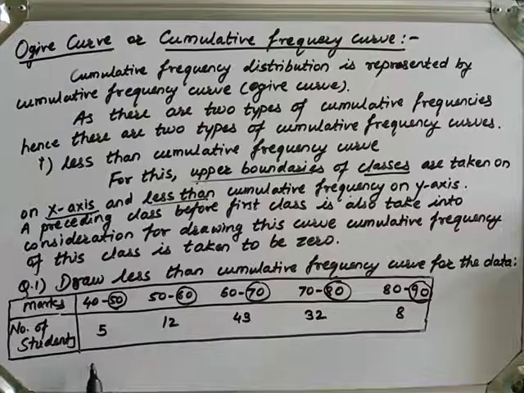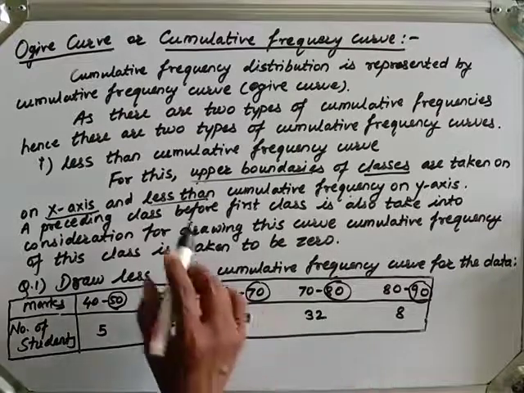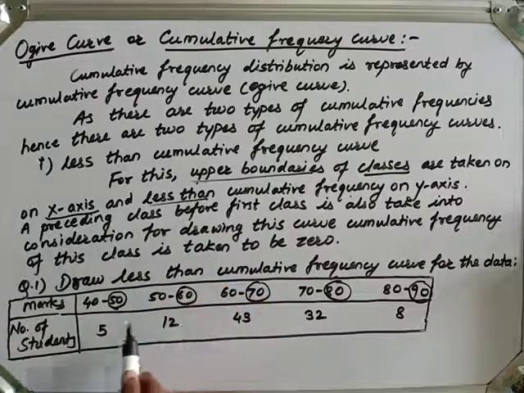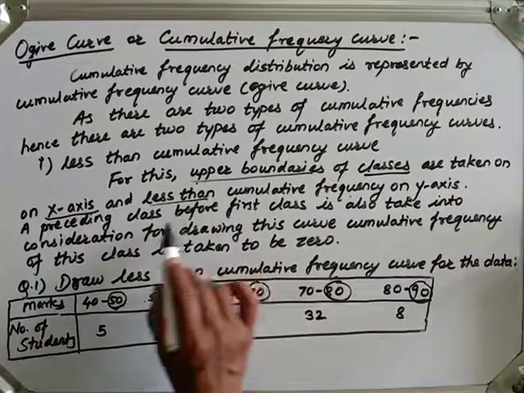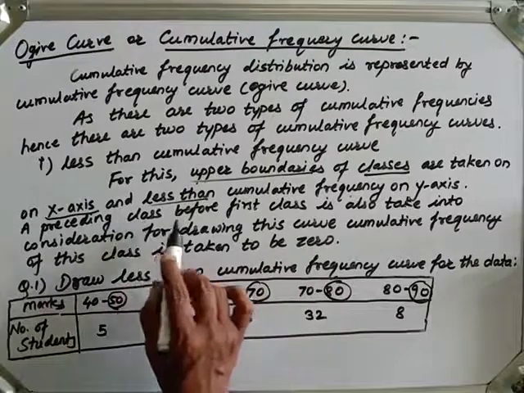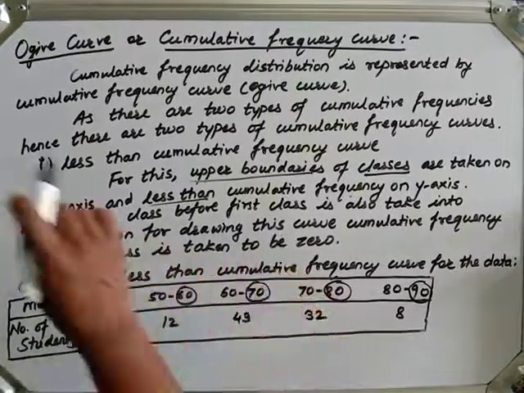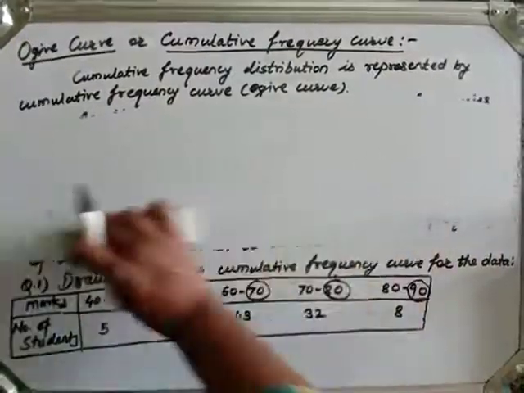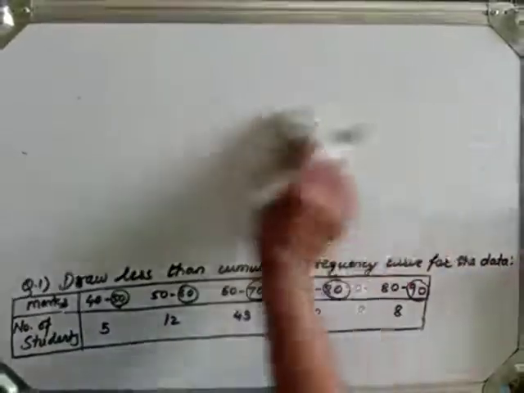Later we will plot those points on a graph and join them by straight lines. Let us see how to obtain the Ogive curve.